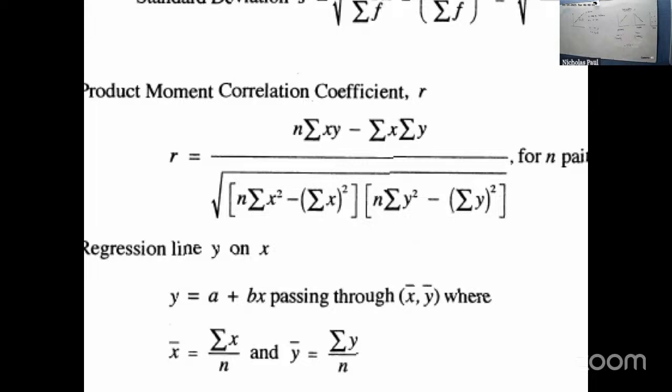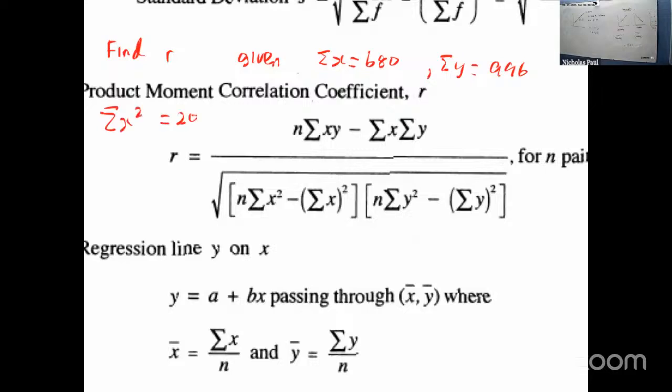I want you to find R, given the sum of X is 680. The sum of Y is 996. The sum of X squared is 20,154.